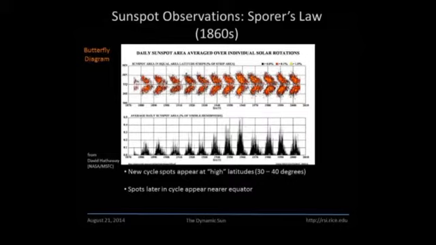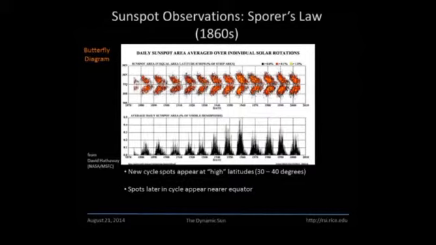Near the beginning of a solar cycle, near the beginning of the rise, the sunspots appear at higher latitudes. As that cycle gets older, so halfway through or so, 6 or 7 years through that 11-year cycle, they come nearer the equator. And when you put all that together, you get this beautiful picture that we call the butterfly diagram, a series of butterfly wings.